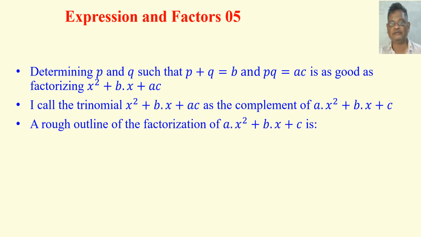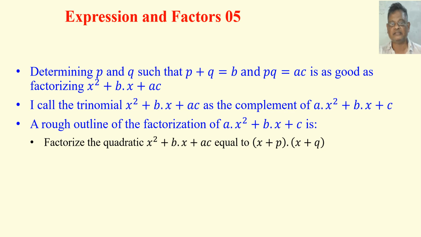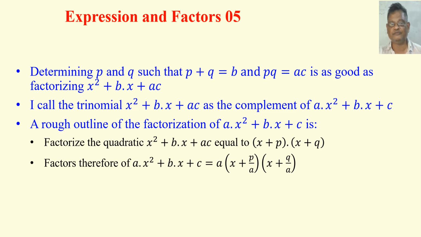A rough outline of the factorization of ax squared plus bx plus c is: factorize the quadratic x squared plus bx plus ac equal to x plus p into x plus q. Factors therefore of ax squared plus bx plus c is equal to a times x plus p over a into x plus q over a. Simplify the resulting factors.